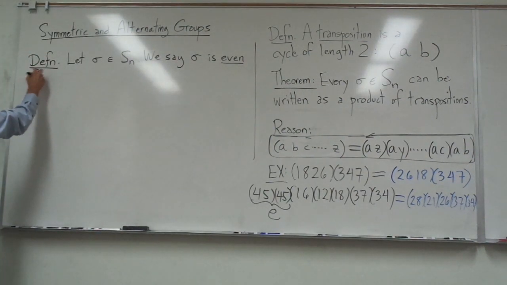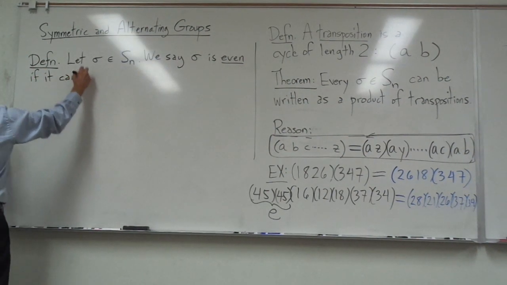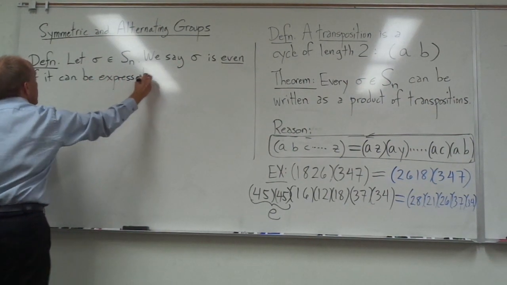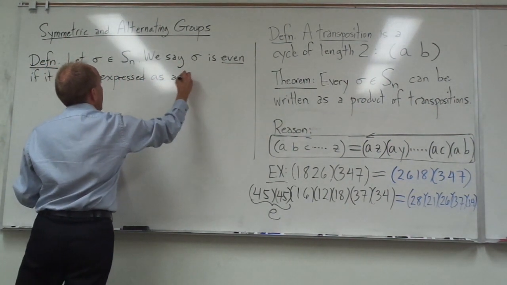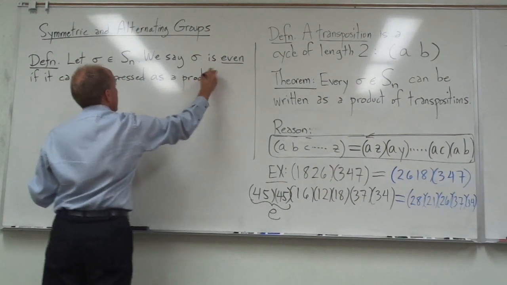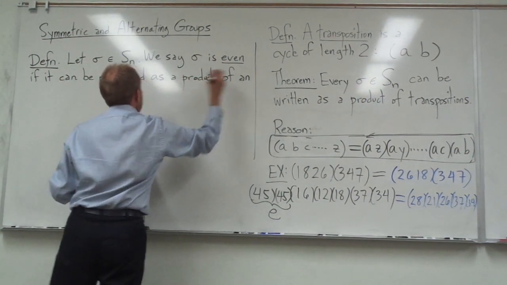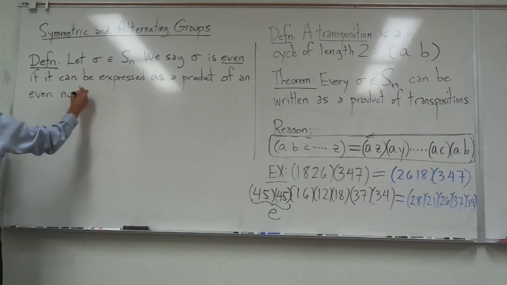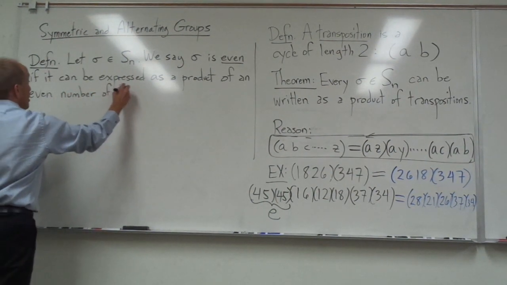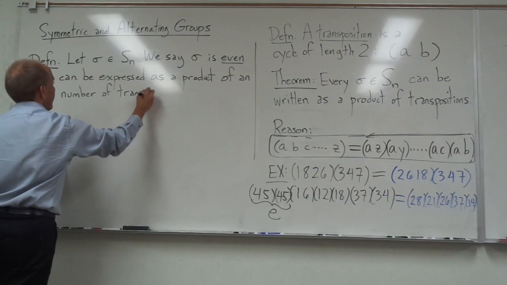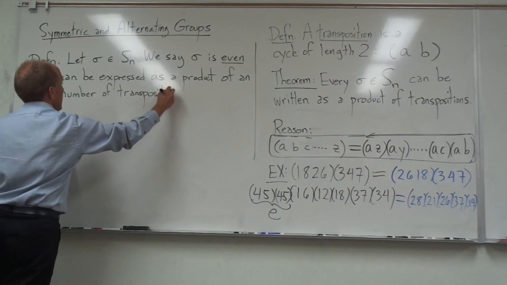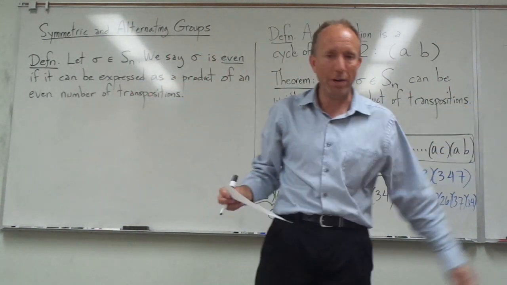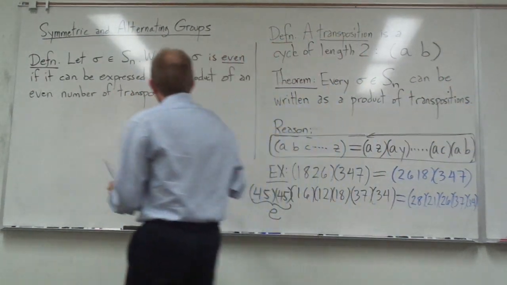If it can be expressed as a product of an even number of transpositions. An even number, now that could be 0, 2, 4, 6, 8, 10, 12, right? An even number of transpositions.